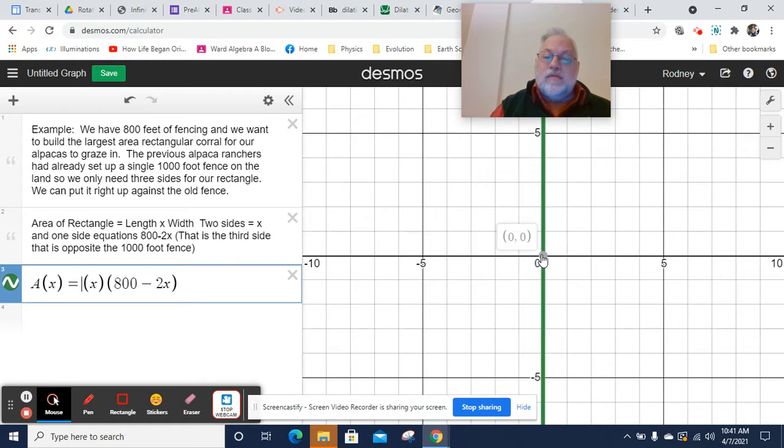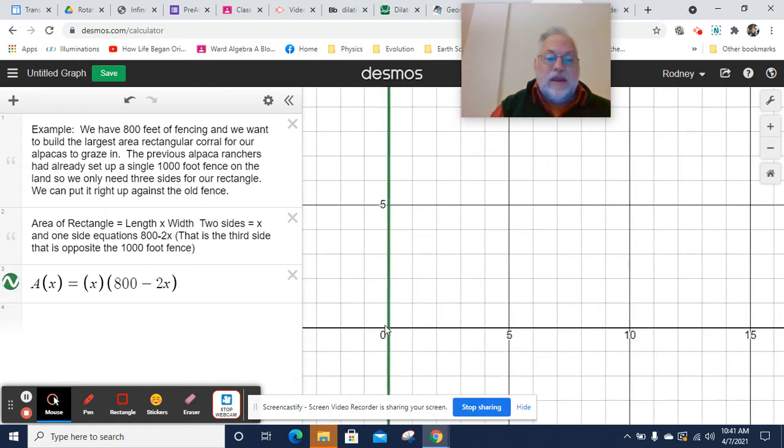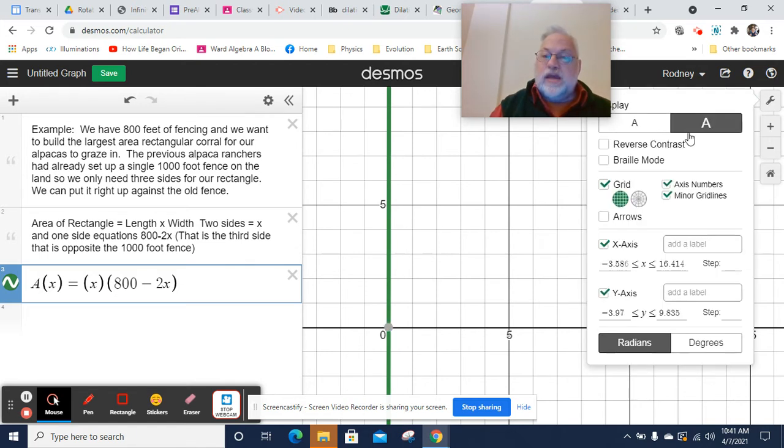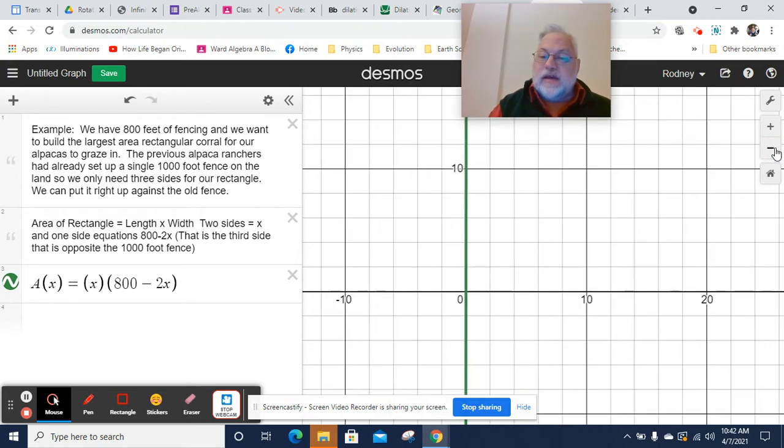We're not going to be terribly interested in when x is 0, because that means that one of our sides is 0 feet and we've squashed our alpacas, and that's just not very nice. So I'm going to change my graph a little bit. I'm going to keep the x-axis, and let me see where the other side of the x-axis is.